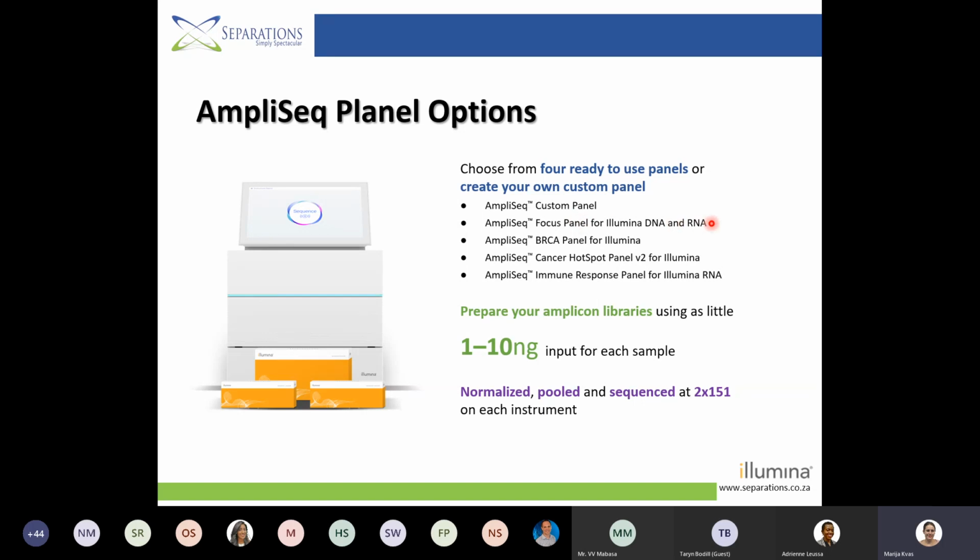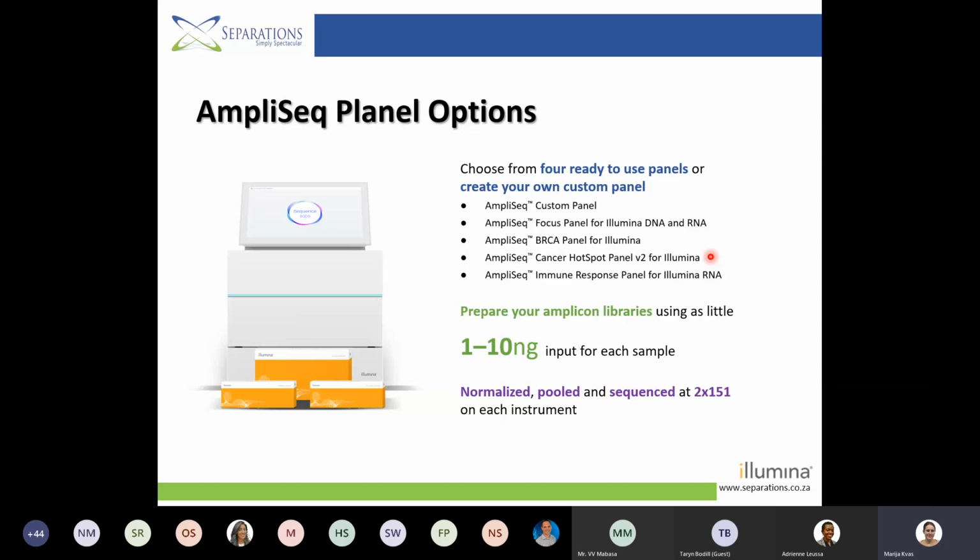That is a focus panel which looks at 52 genes associated with solid cancers like breast, lung, colon cancer, and so on. We can also look at the BRCA1, BRCA2 genes specifically for breast cancer, but we can also have a panel that looks at the cancer hotspots of 50 different genes, again associated with solid tumors.